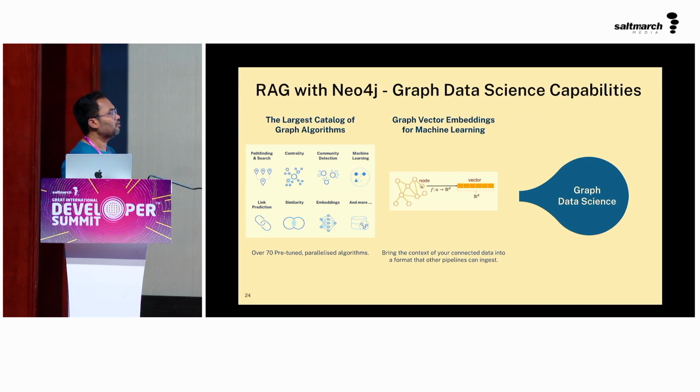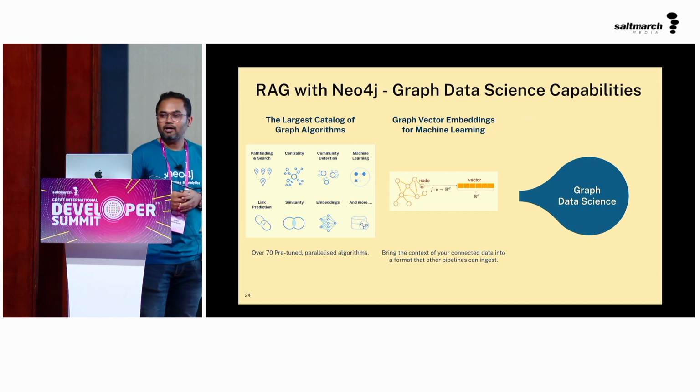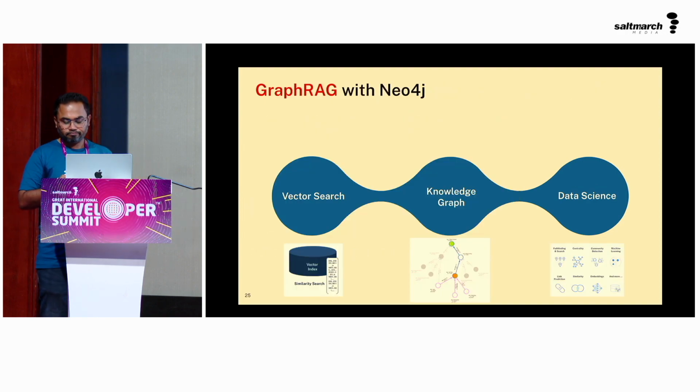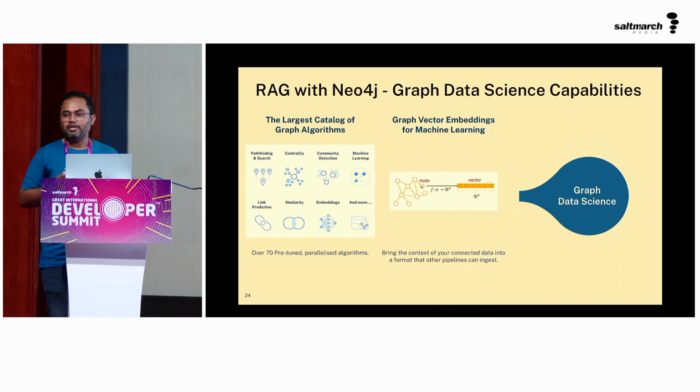Say, for example, you are developing an application within the supply chain or logistics domain, and you want to ask the LLM what the shortest path between two locations should be, or you want to perform route optimization within the supply chain routes. We have pathfinding and search algorithms which will help you do that.